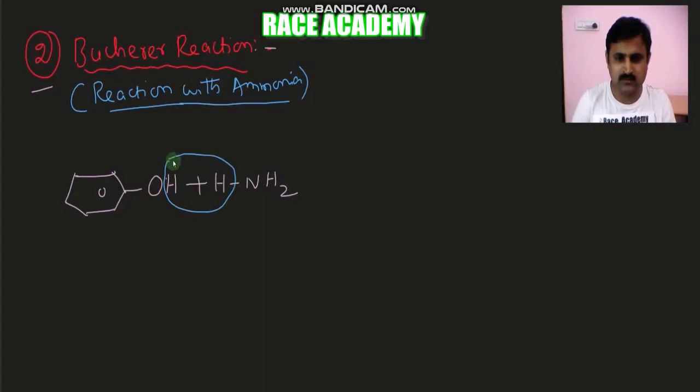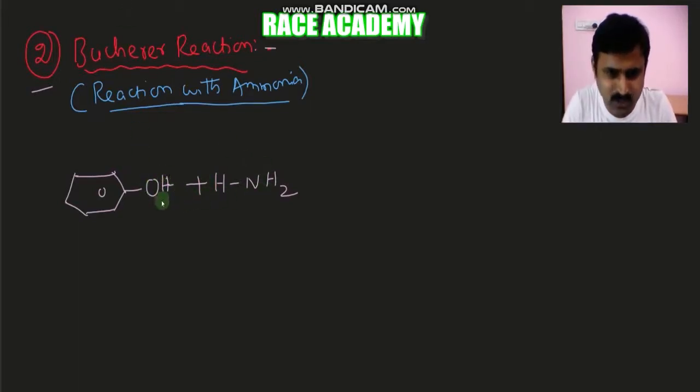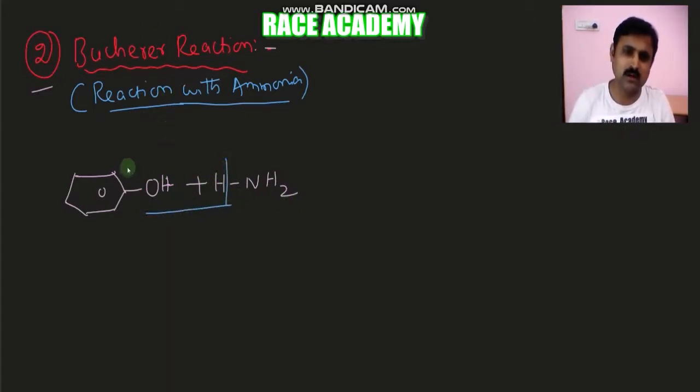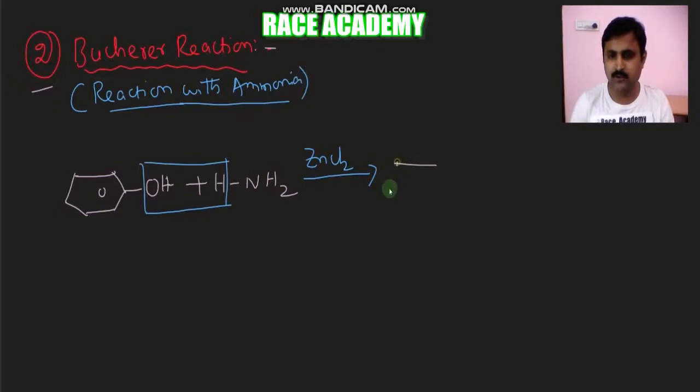This OH and H definitely take away water, and NH2 will come in place of it. So here NH2 will come in place of this OH group. This reaction is involved by the OH group. In the presence of ZnCl2, if you do it, then phenol will be converted into aniline.